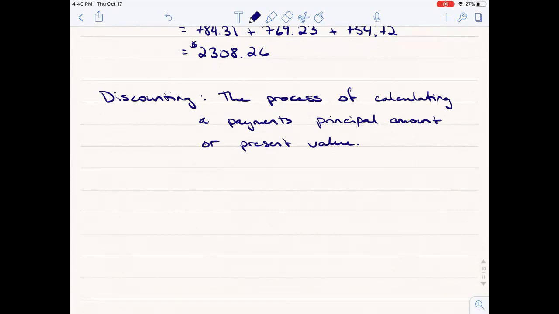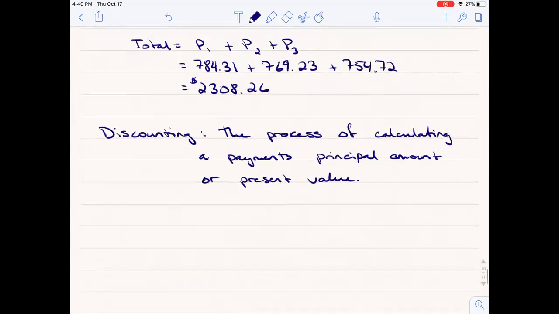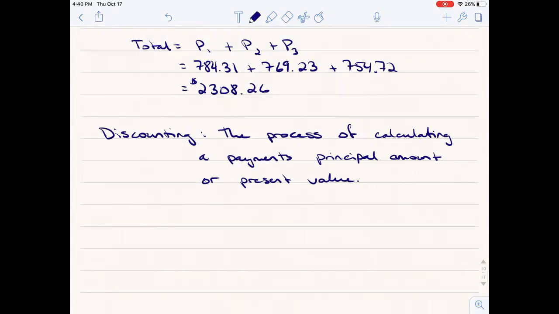If you think about it, $800 was discounted to $784.31, and then $800 was discounted to $769.23, because it's going to be worth less if you're moving it backwards. On the other hand, $784.31 grew to $800, so it's earning interest and growing to the future value.